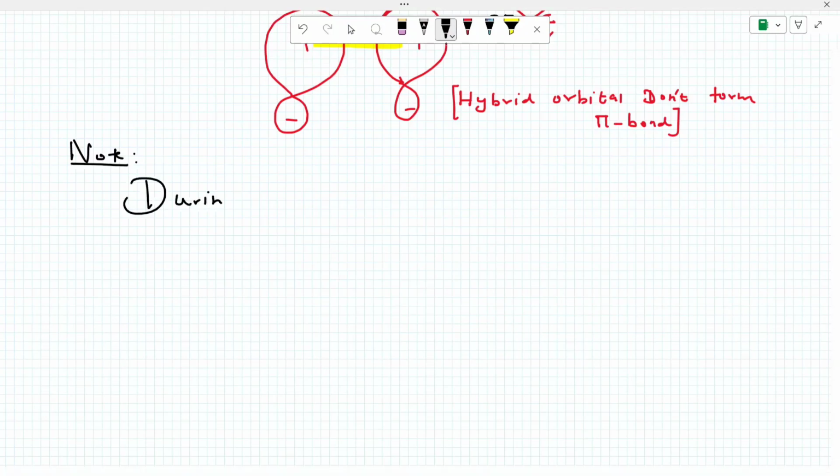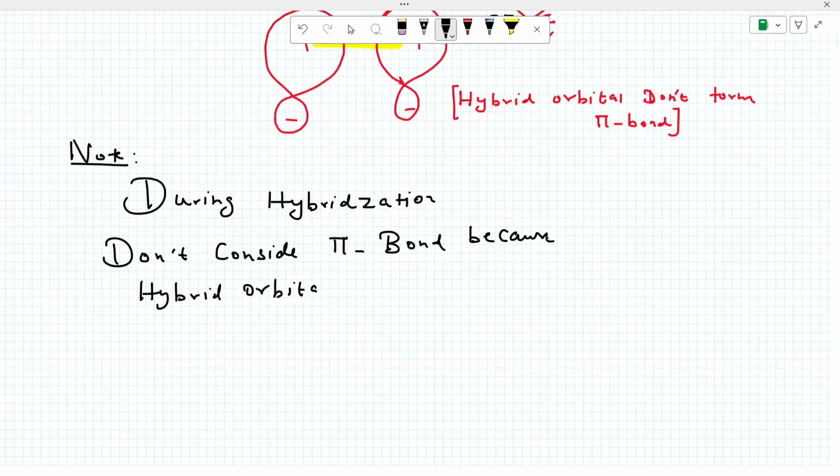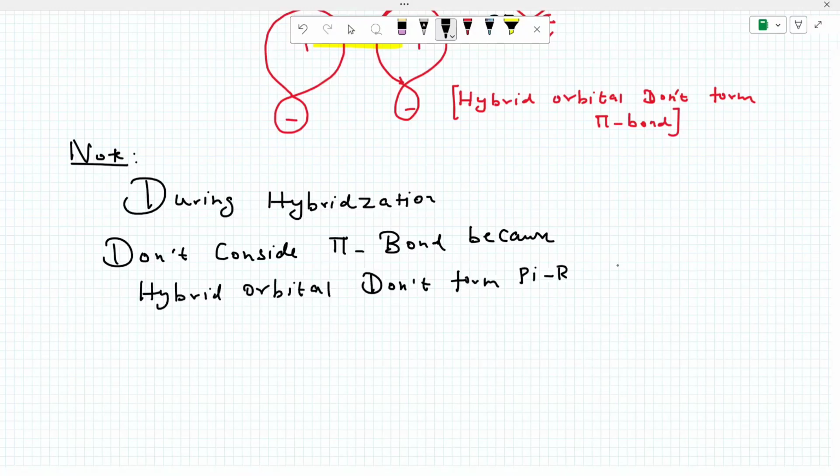Now what is the important hint for problem section அப்படின்னா note. During hybridization, note the concept: don't count, don't consider pi bond, because என்ன reason? Because hybrid orbitals don't form pi bond. Simple. இப்ப இந்த ரீசனுக்காக தான் என்ன பண்ணுவாங்க?